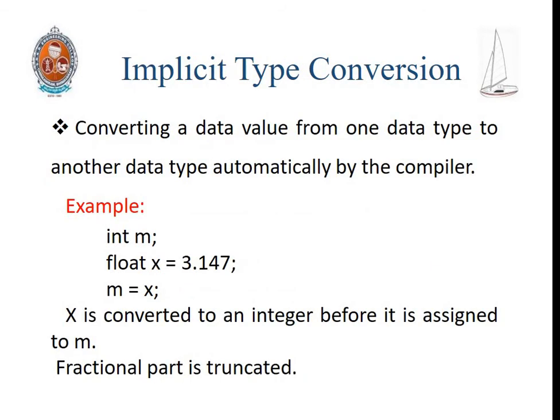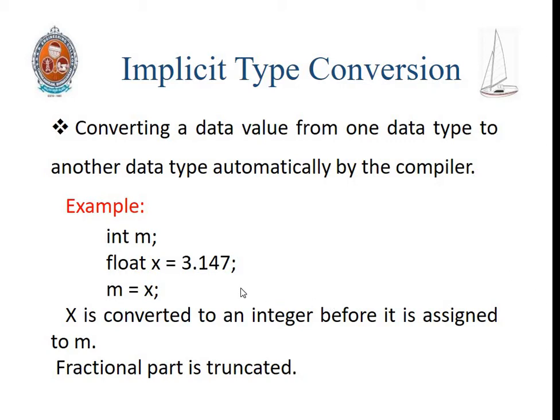Coming to implicit type conversion, the type conversion that is done automatically by the compiler is known as implicit type conversion. This type of conversion is also called automatic conversion.